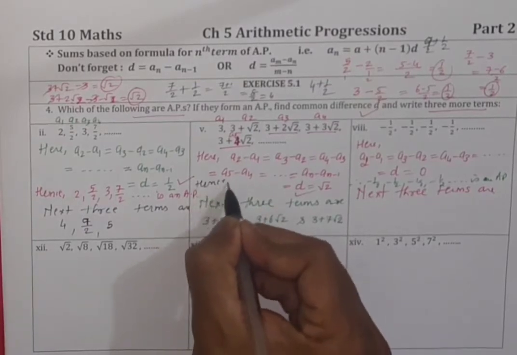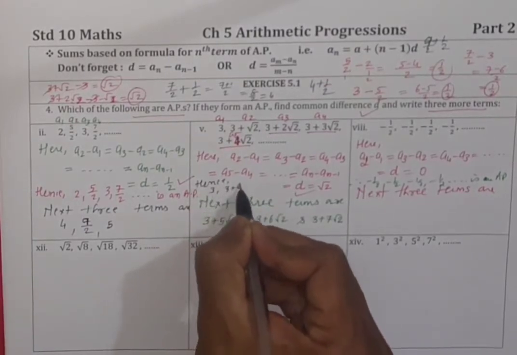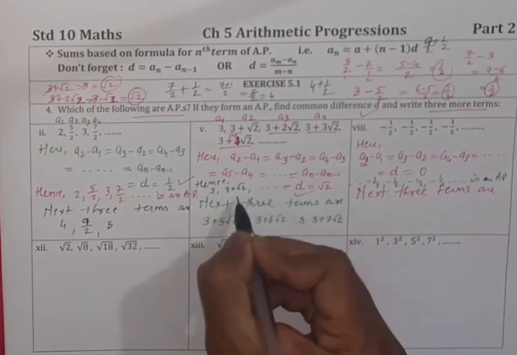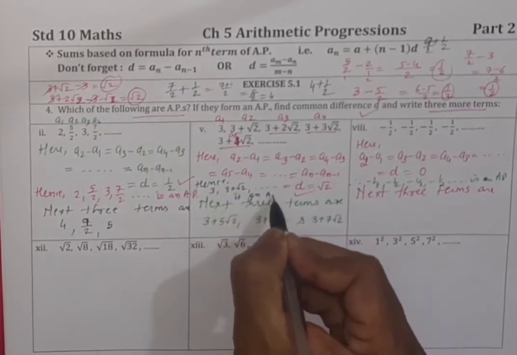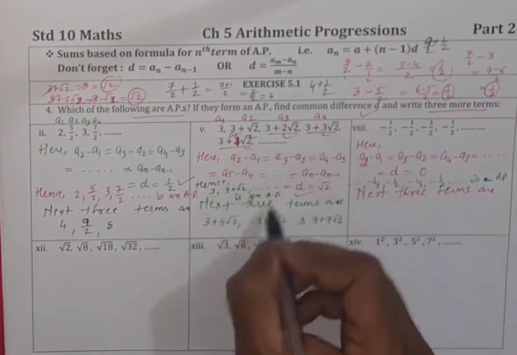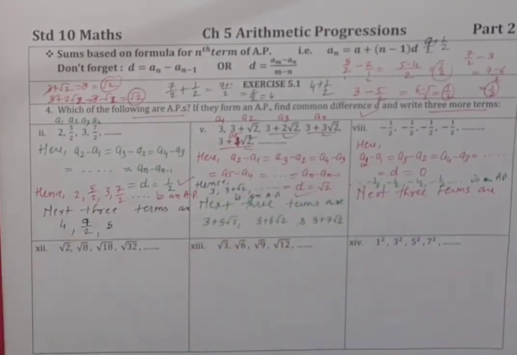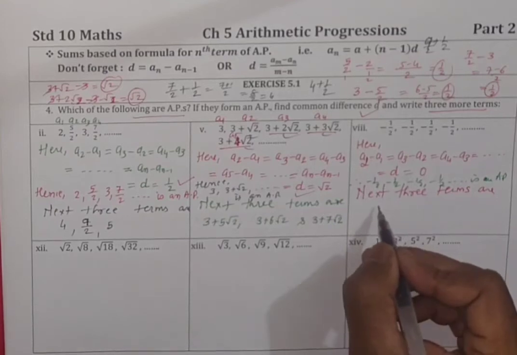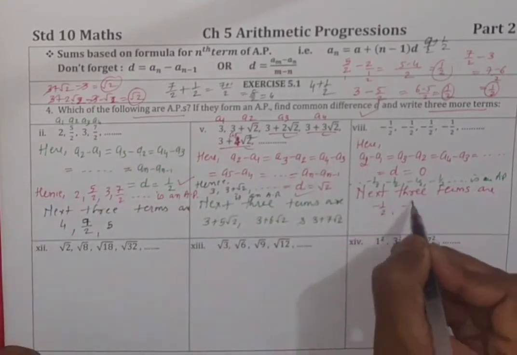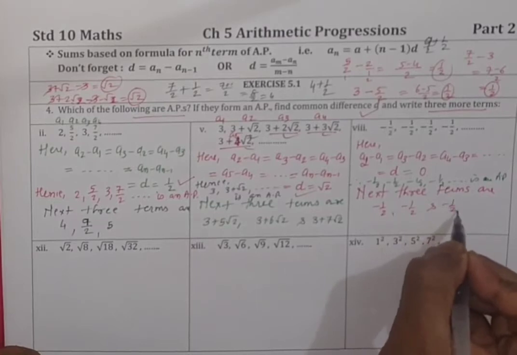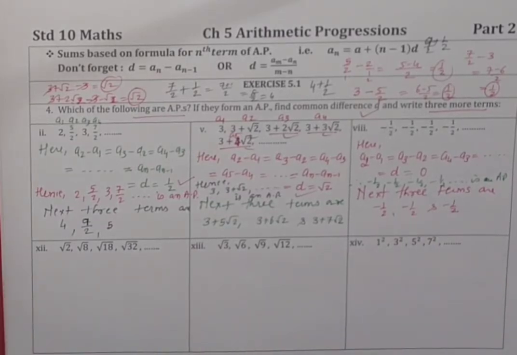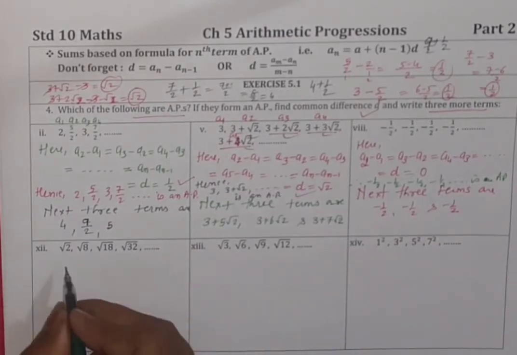Hence 3 plus root 2, I'm not writing, is an AP. जितनी टर्म्स है उतनी लिखना चाहिए आपको, और then you write whether AP or not AP. ओके, चलो यह वही रिपीट ही हो रहा है, minus half और minus half. क्लियर? ओके, now this is very interesting.